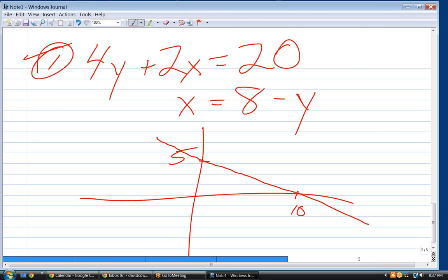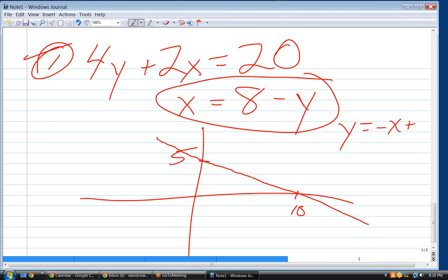The graph of the second one, well, the easiest way to graph that is to put it in y equals mx plus b format. So if I move the y over and the x over, I get y equals minus x plus 8. Same equation, right? I can graph this because I know it goes through y-intercept of 8, and it has a slope of negative 1.